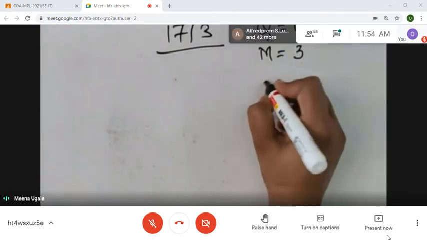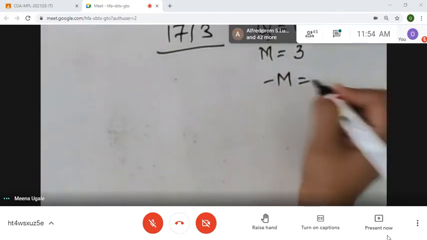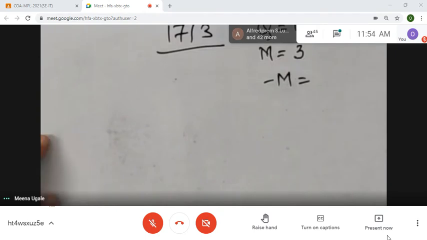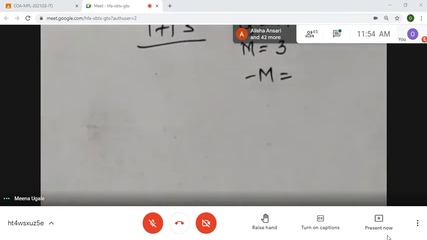Also find out minus of M. Keep your flowchart with you so that it will help you to start the algorithm.